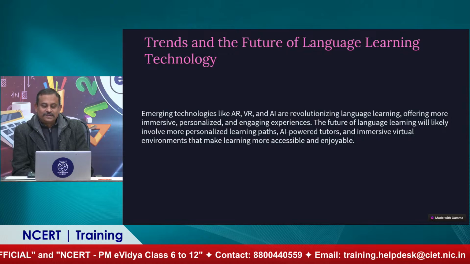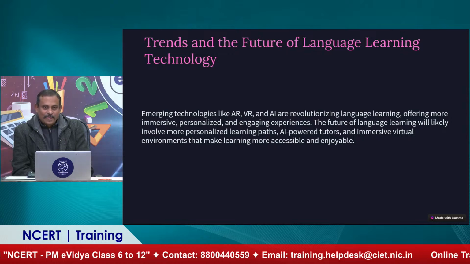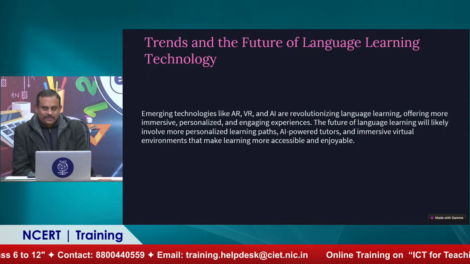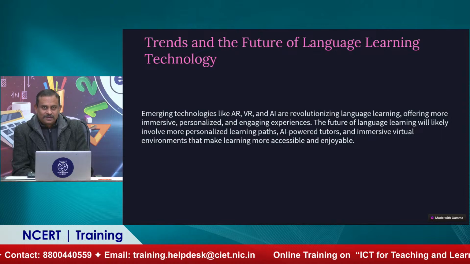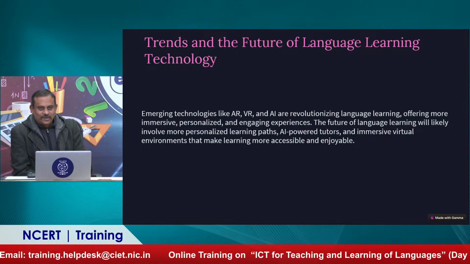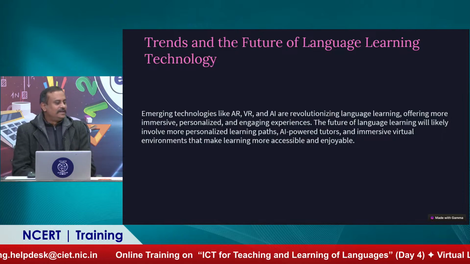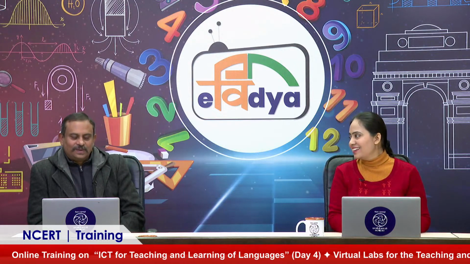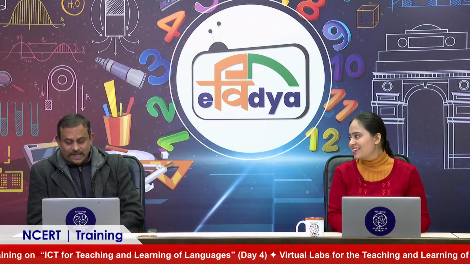But the rider, of course, with AI is that it's also tending to make us lazy. Do you think it will hamper the learning happening also, because people are relying a lot on generative AI and all of that?